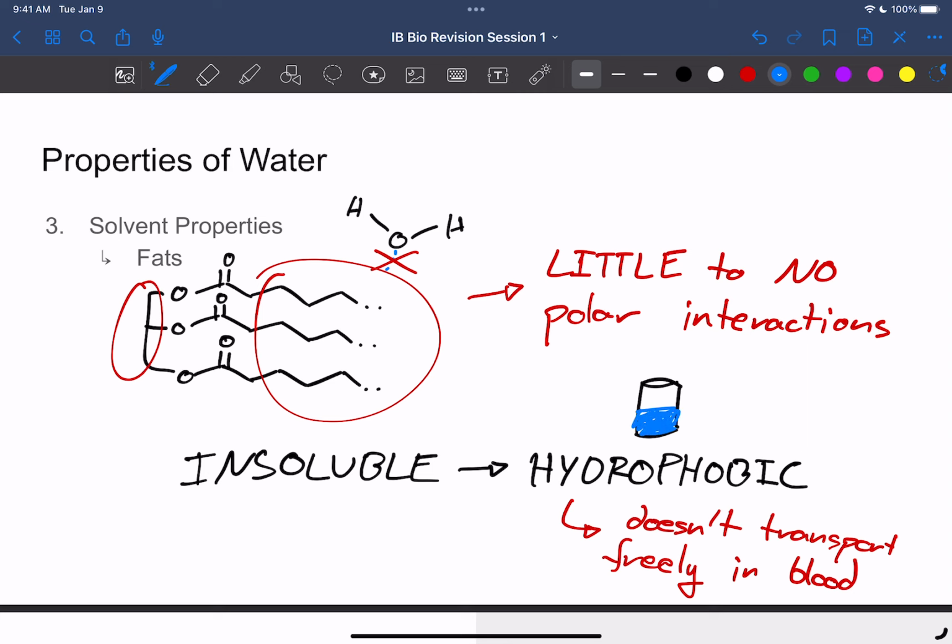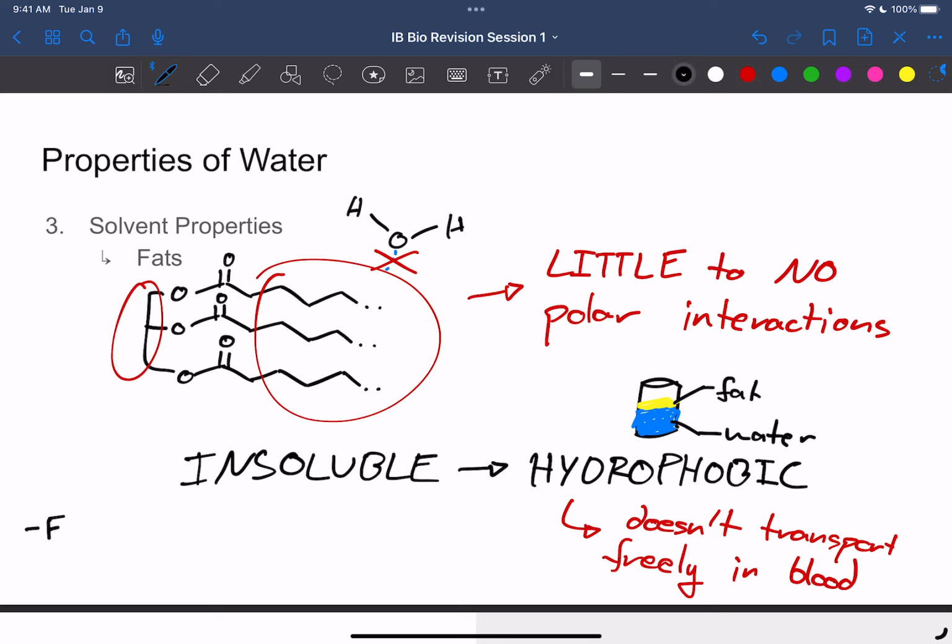If you ever poured oil on water, you get a little layer. And this is what would happen in your blood if these fats were transported freely. You'd get this layer. They would all interact with each other, and that's not good.